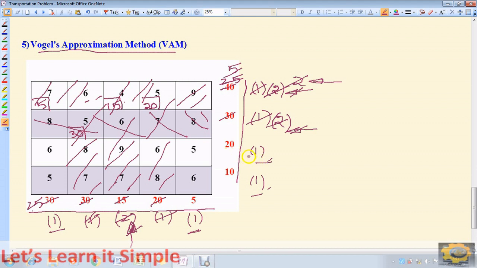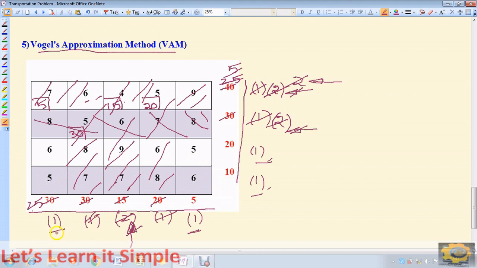So that is how to break the tie here. Now if it is so, you have to move along that particular row or particular column and look for the least cost. That is, the penalty here is 1. You have to move along that row, 5 is the least cost. Now here 1 is the penalty. If you move along, again 5 is the least cost in this cell.